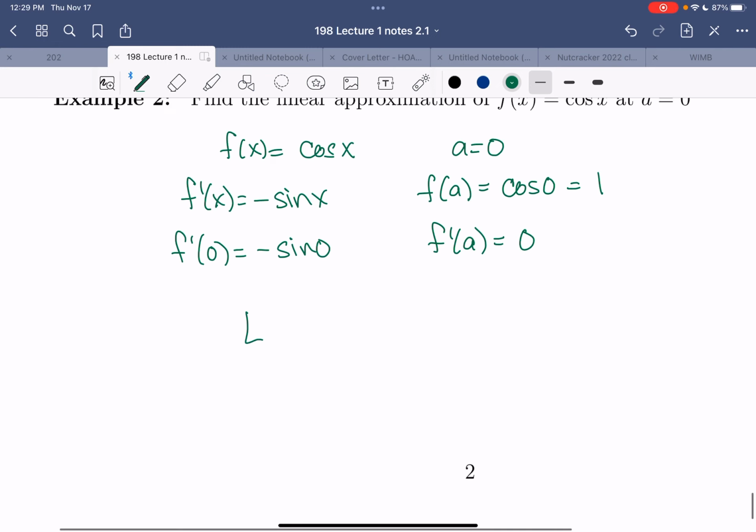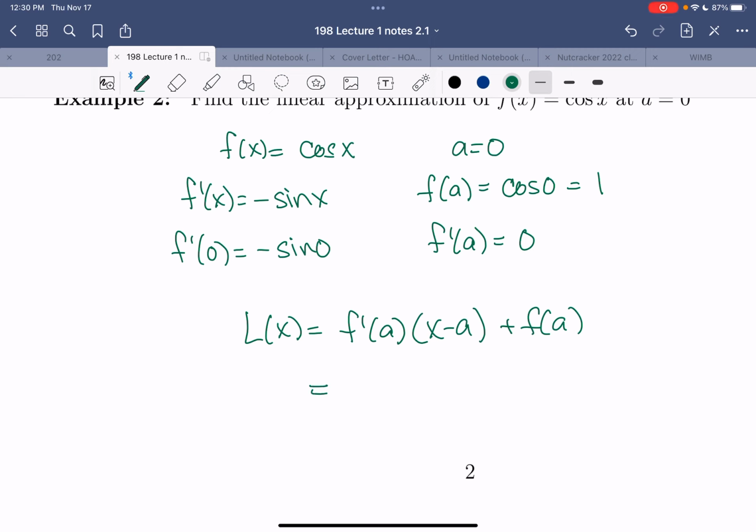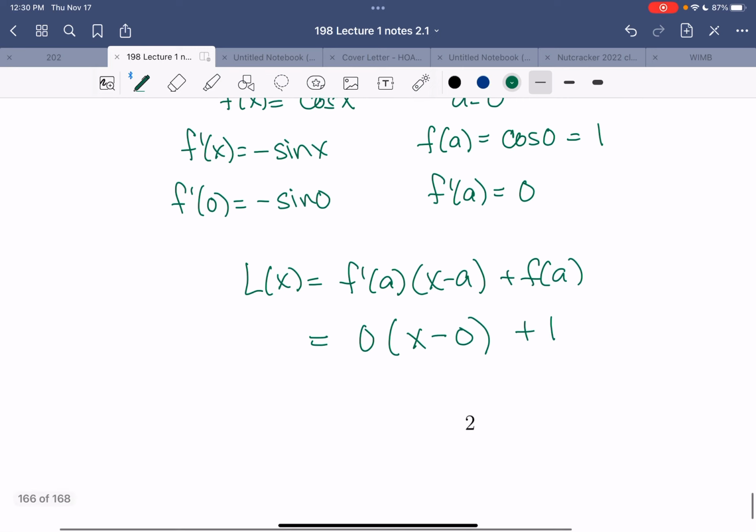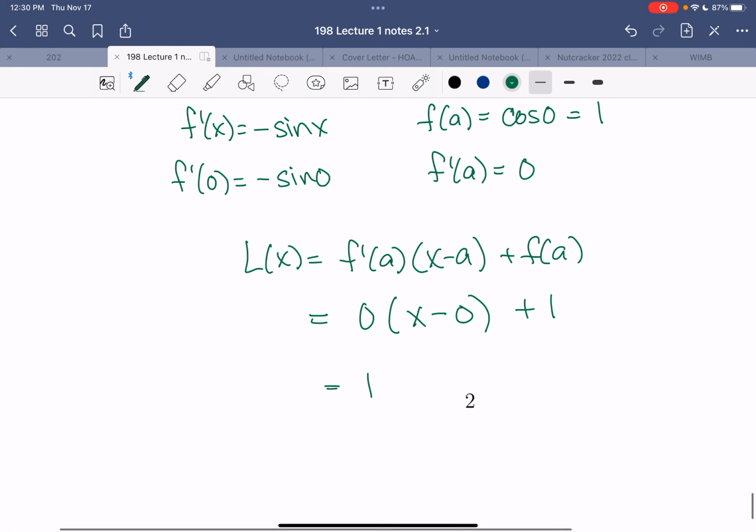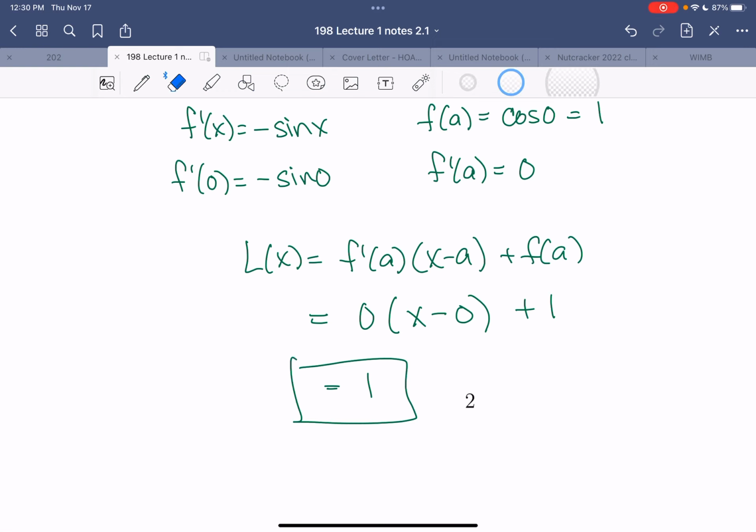So L of x is equal to f prime of a times x minus a plus f of a. That means my L of x is going to be 0 times x minus 0 plus 1, which really just turns out to be 1. Your x goes away. So your L of x in this particular case is equal to 1.